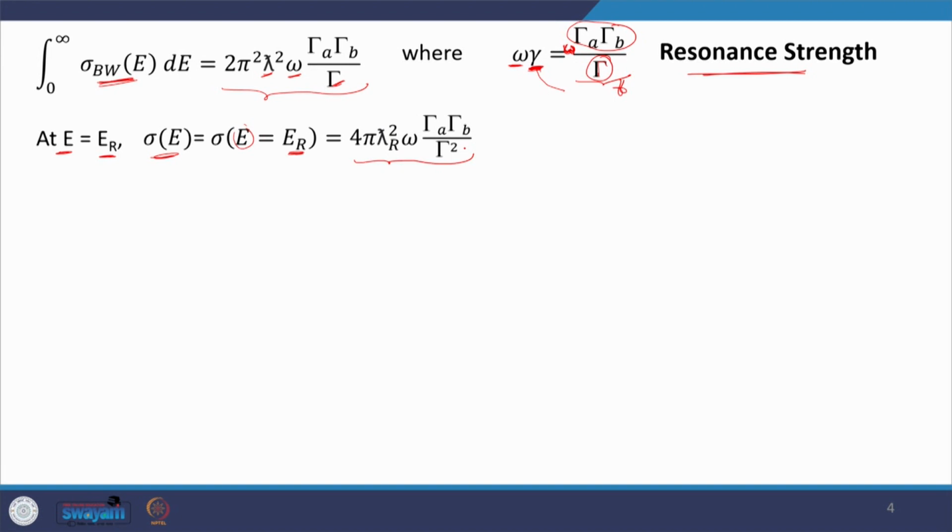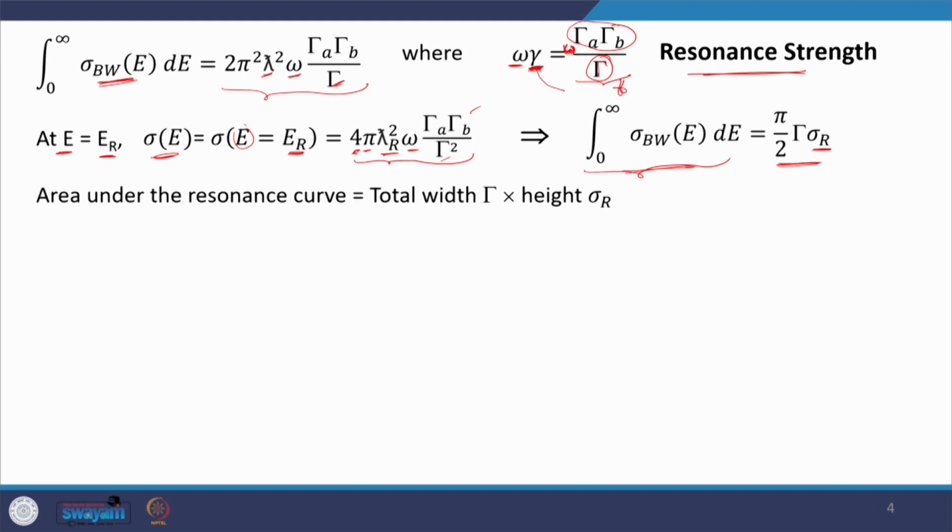At exactly the resonant energy, the cross section of the resonant nuclear reaction can be represented as 4 pi, the de Broglie wavelength at the resonant energy squared, the statistical factor, and gamma A, gamma B and the total width, that is gamma squared. So, in terms of this sigma r, I can always write down the integral value like this. This is just rewriting the expression of the cross section at ER and the integral; there is not much difference.